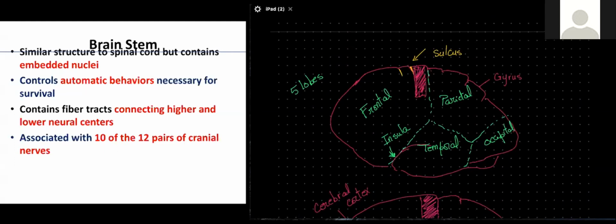This is where I will have a very important brain area that is responsible for initiating the voluntary motor movements. This is what we've called the primary motor cortex.